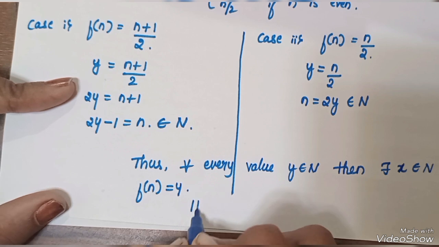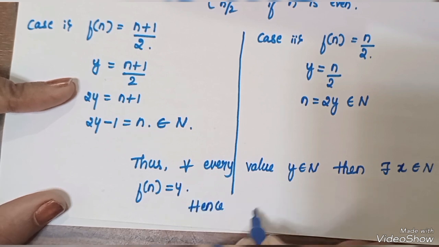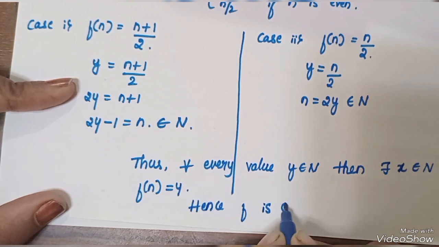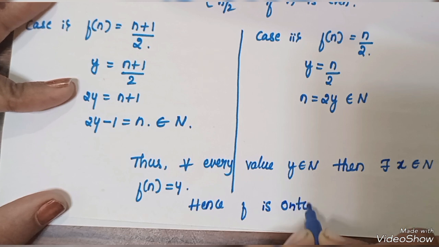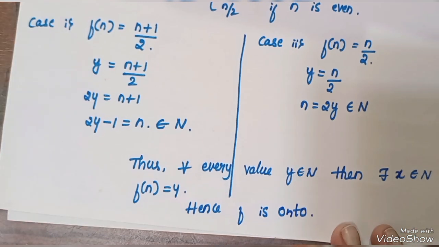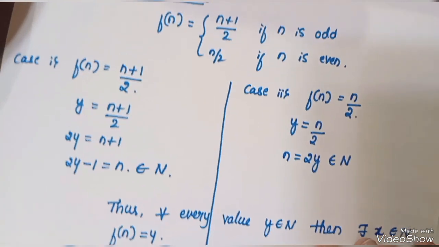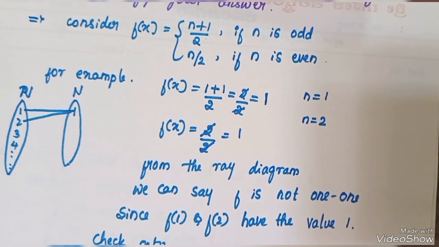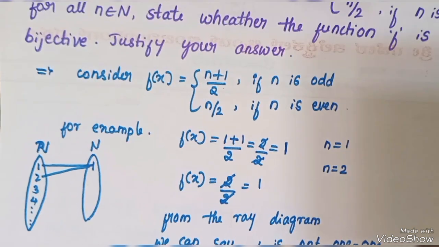Hence, f is onto. Therefore, f is not one-one, but f is an onto function. Here the function is not a bijective function.